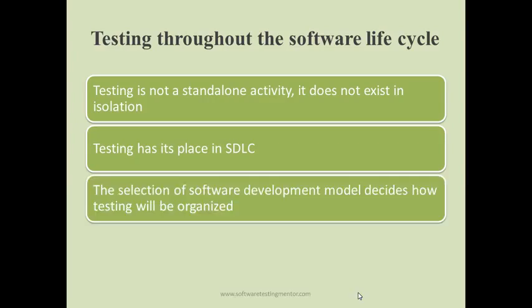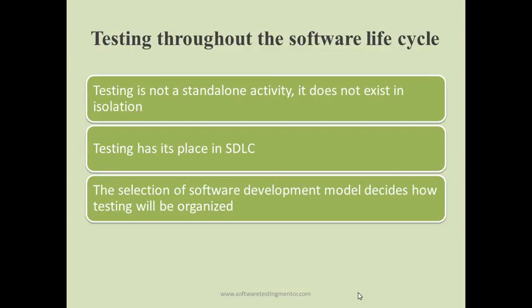Then the selection of software development model decides how testing will be organized in that methodology. So if you're selecting a waterfall development model for developing a software, the organization of testing in waterfall development methodology will be different than the organization of testing in V development model.